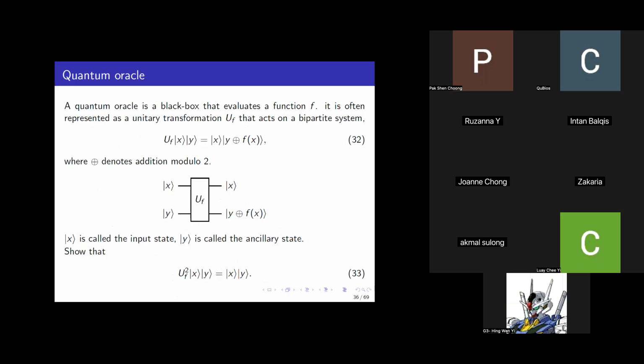can you guys show that equation 33 is true? Equation 33 basically means that if you apply the oracle twice, you get back to the original state. Anyone wants to try why it is true?